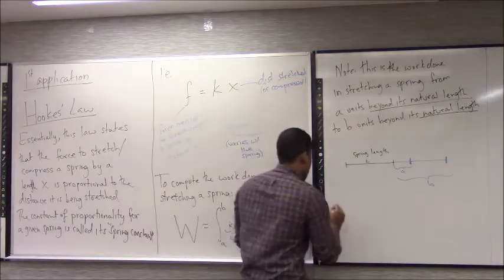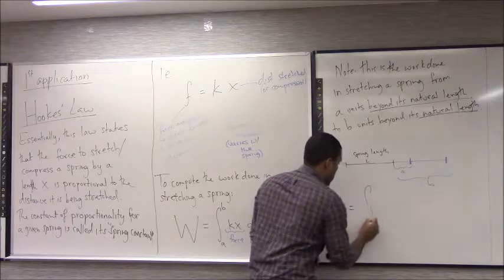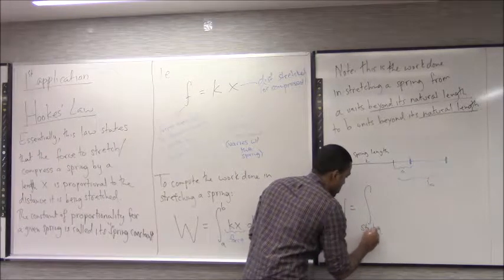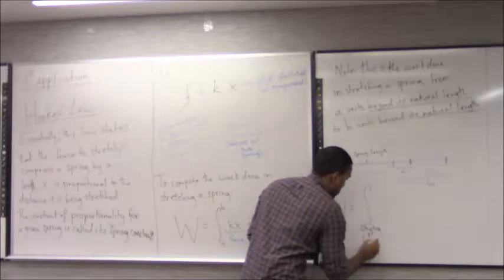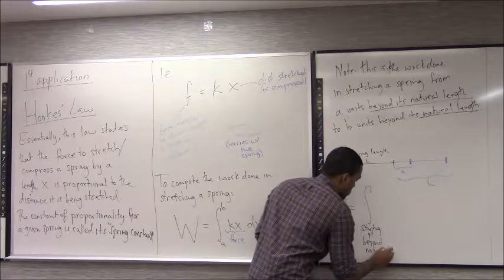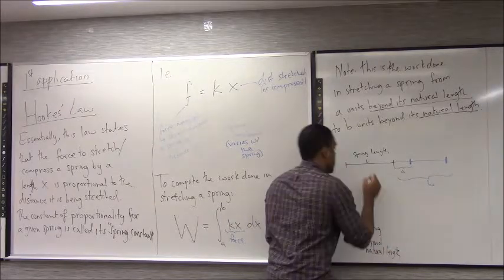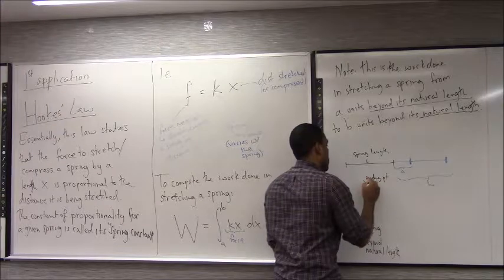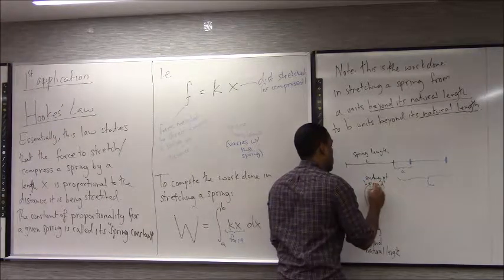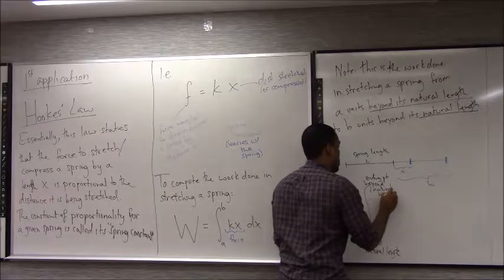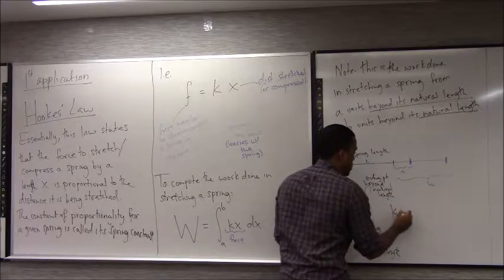So work, how you can think of it, is the integral from the starting point beyond its natural length to the ending point beyond natural length of k times x dx.